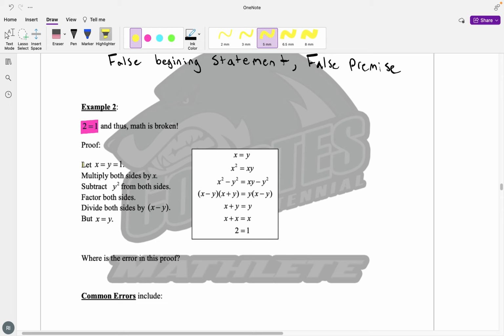Step 1, I'll just highlight to identify that's what we're talking about. In this starting point, we're defining x is equal to y, which is equal to 1. Nothing has gone wrong here. We're just defining variables. This premise and this starting point is true.